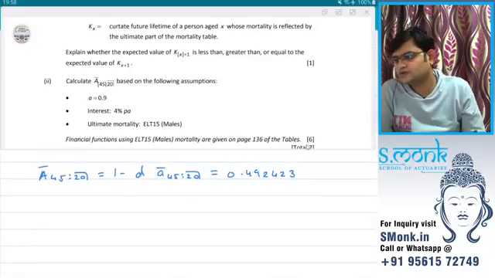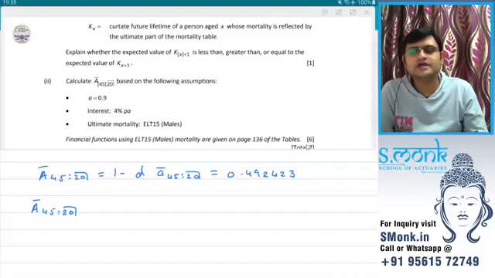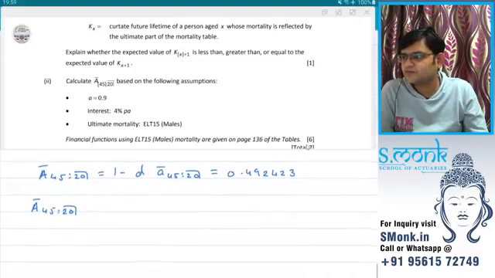Now see, our A bar 45:20, we know after 1 year the select period goes away, right? After 1 year the select period goes away, right?